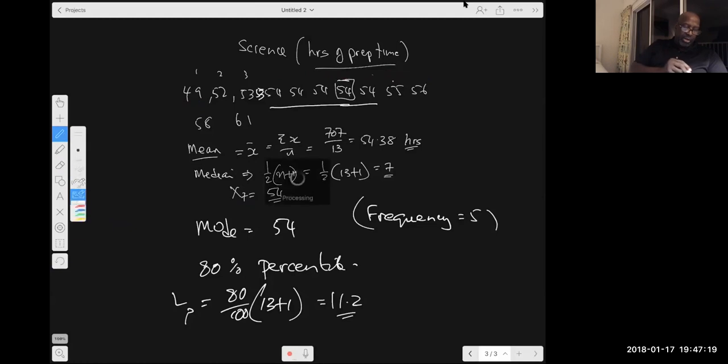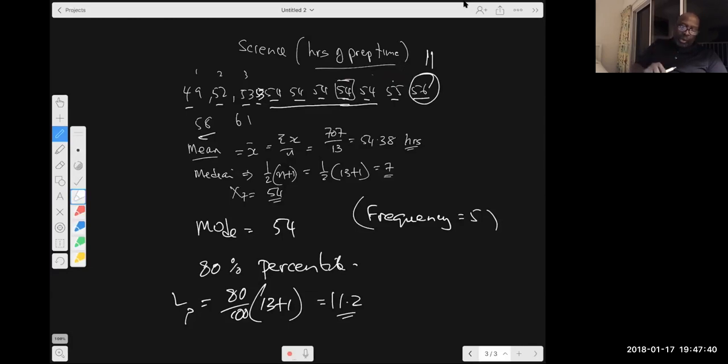Okay, so I'm looking for 11.2, so that's number 1, 2, 3, 4, 5, 6, 7, 8, 9, 10, 11. So that's my 11th number. And 0.2 would be between that 56 and that 58.